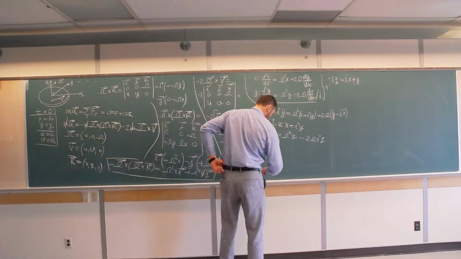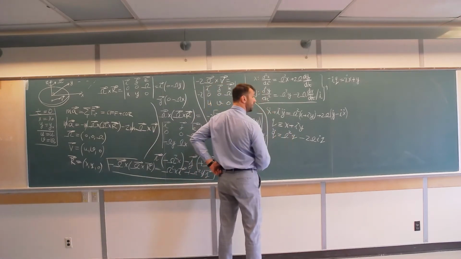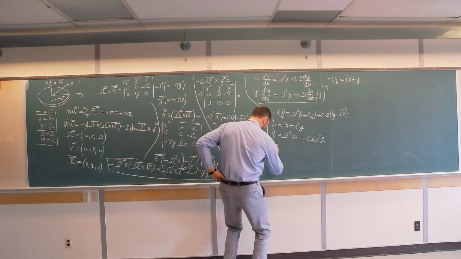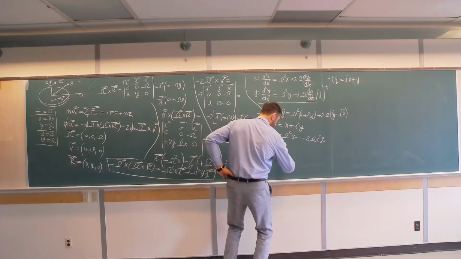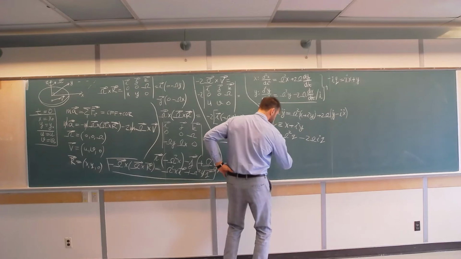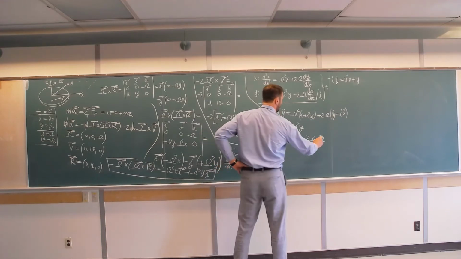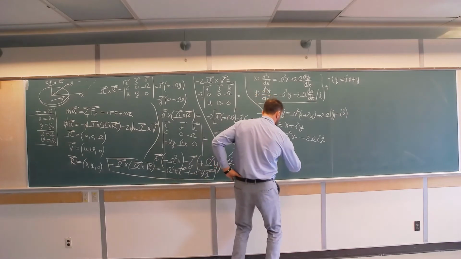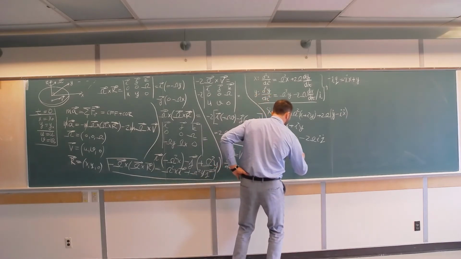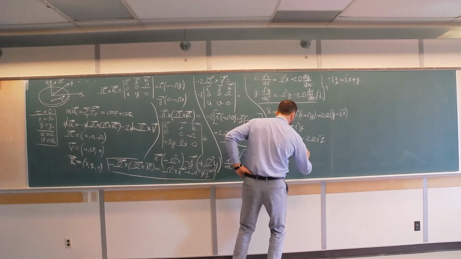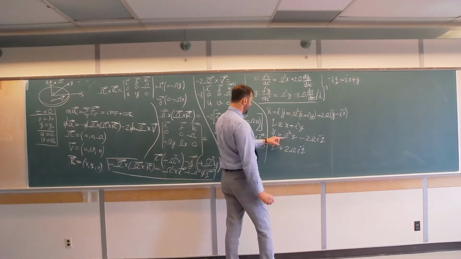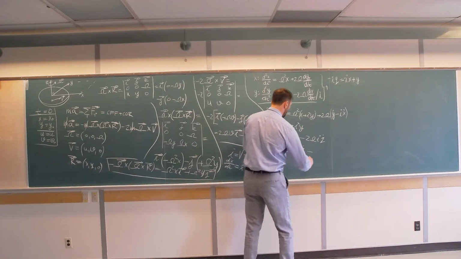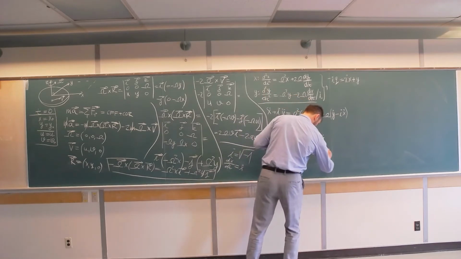Or I will move everything to the left side over here. So I will get that q 2 dots, but here is with the dot, plus 2 omega i q 1 dot and minus omega squared q equals 0.